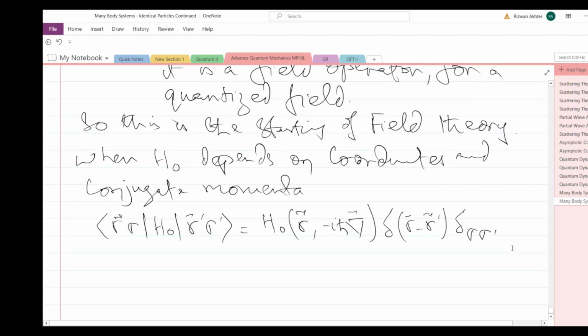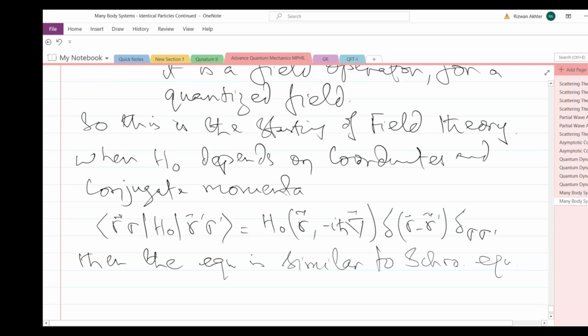And then the equation is similar to the Schrödinger equation. And how is that? It becomes iota h bar d by dt of psi sigma of r comma t. Remember, this is an operator rather than the wave function.